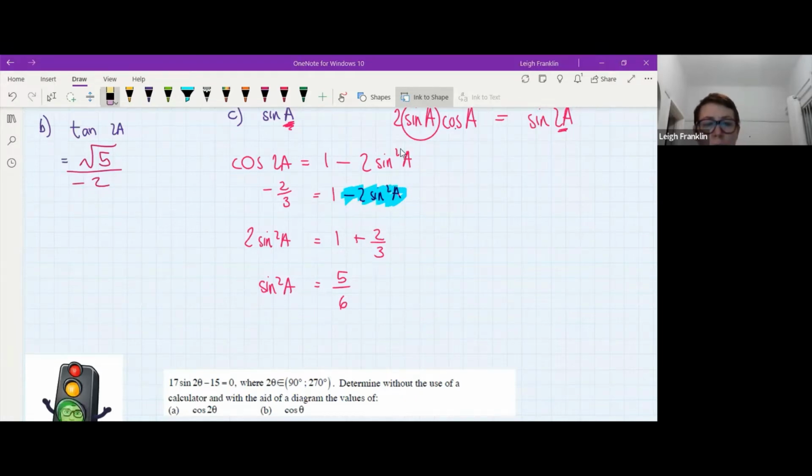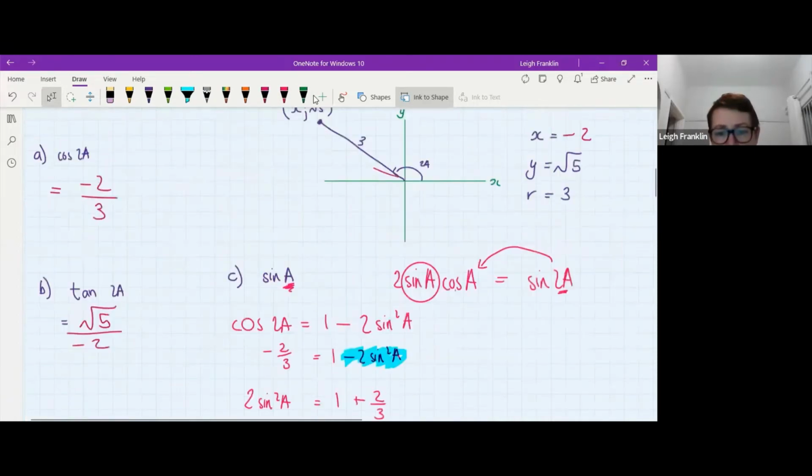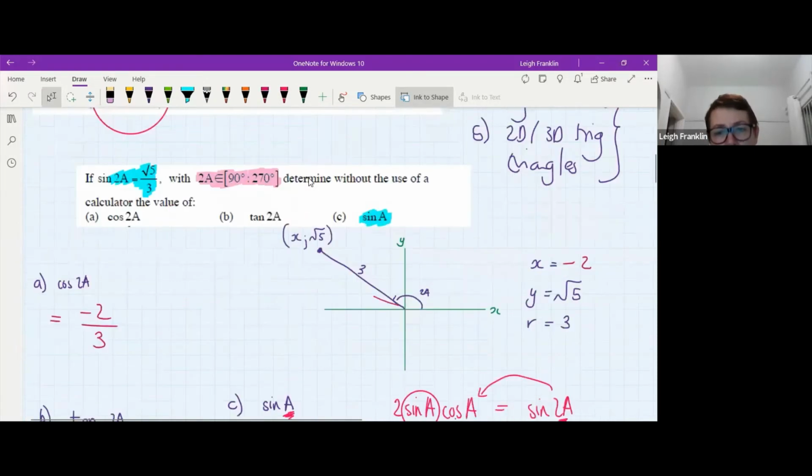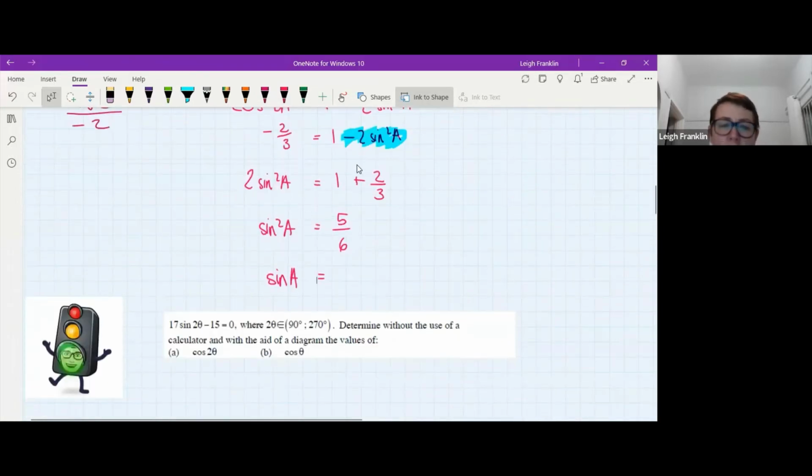Okay, good job. Now if we want to work out what sine A is, we would have to square root both sides. Sine A would be equal to, and sine A would have to be an angle in the first quadrant, so sine A would be positive, not negative.